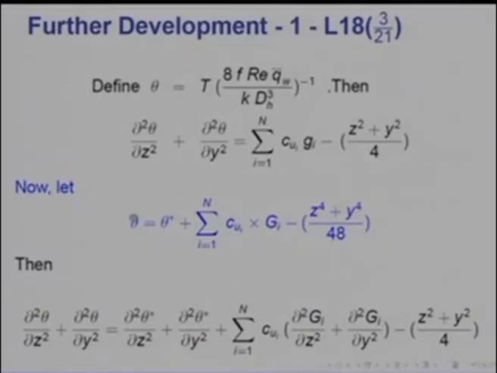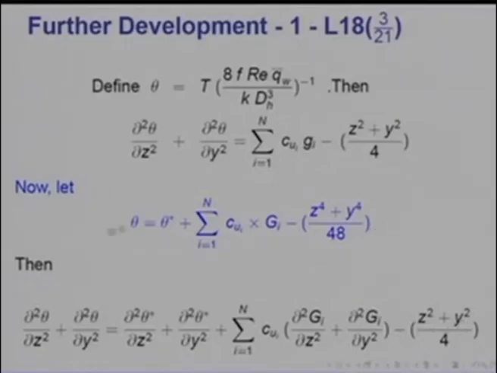Then you will see that substituting this into this equation would give me d2 theta by dz square plus d2 theta by dy square on the left hand side equal to the same thing in theta star plus c_i into the second derivative of G_i functions with respect to z plus the second derivative with respect to y, in minus z square plus y square by 4.